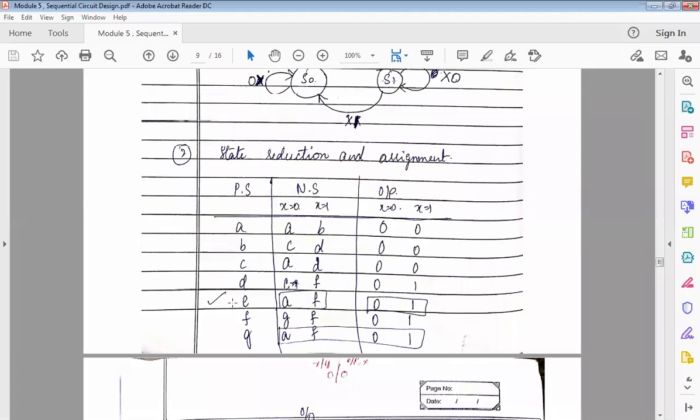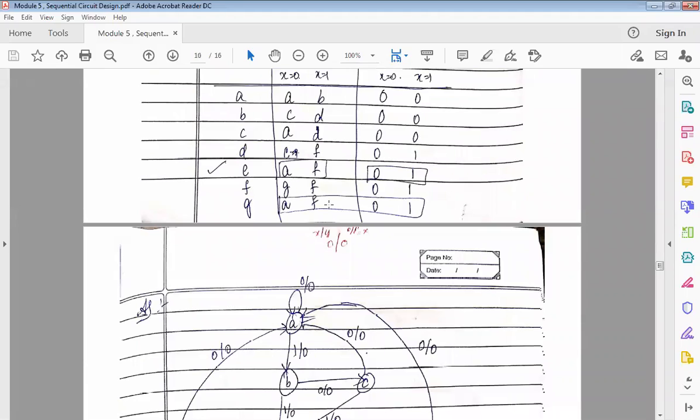So here you can see your E and G are same, right? It both has AF and AF, and even at outputs it has 0, 1 and 0, 1. So in this case, what I'm going to do is I will just eliminate one of the states, because I do not want another state telling me the same thing happening in the next state and output. Okay.